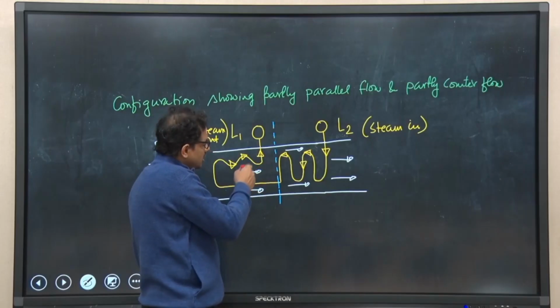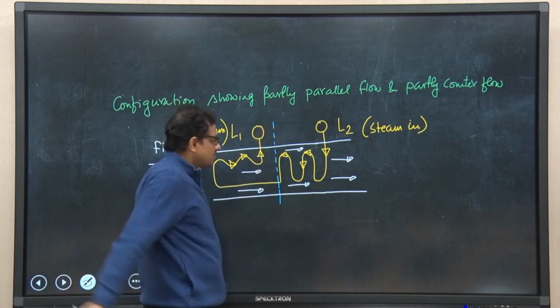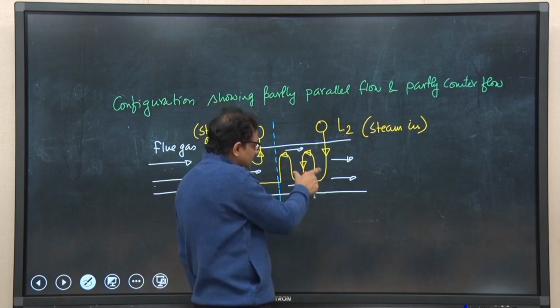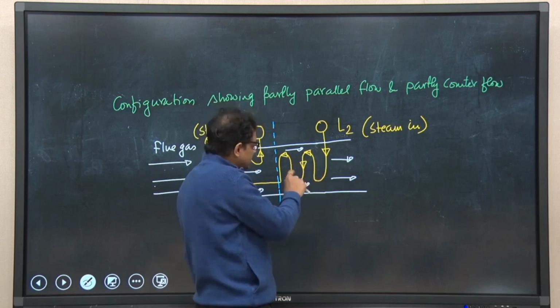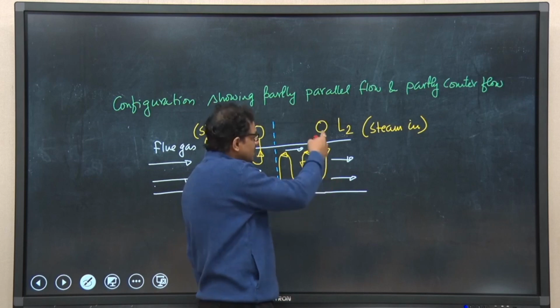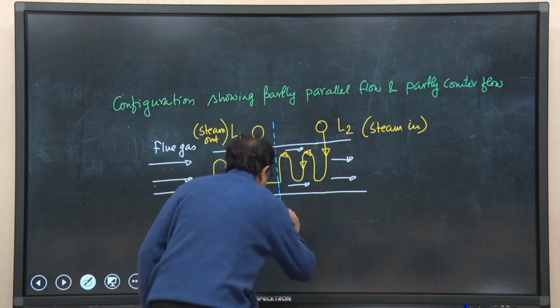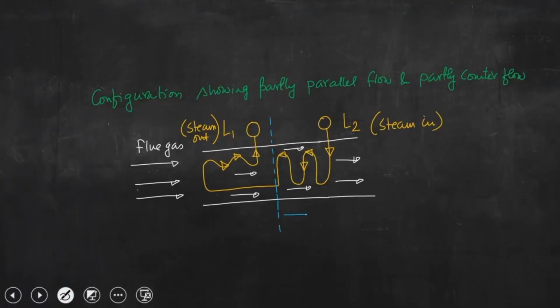What are those? If we look at the right side of this line, in this particular zone we can see that the flue gas is from left to right, while steam is flowing from right to left. So, this is counter flow type.